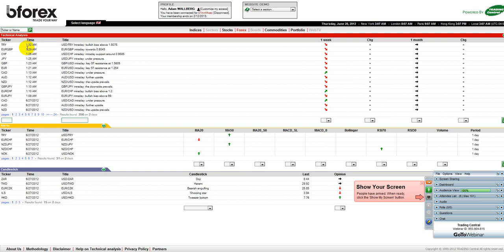So let's start by taking any signal here. Remember, the title also is very important. For example, US dollar JPY. We see that it's under pressure. Wherever you see it's under pressure, it's a good sign that it is very easy to make profit.